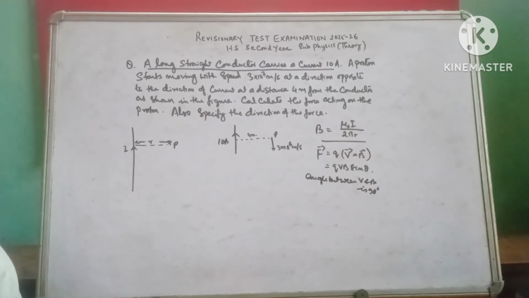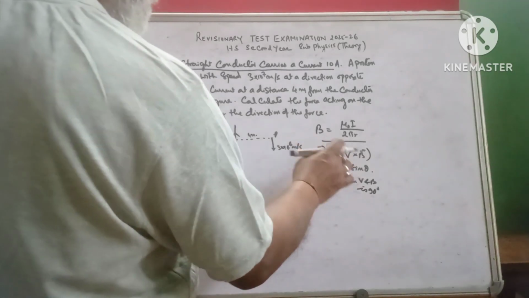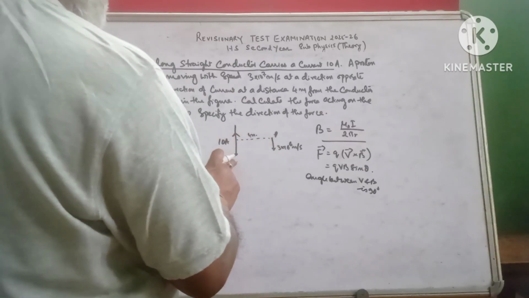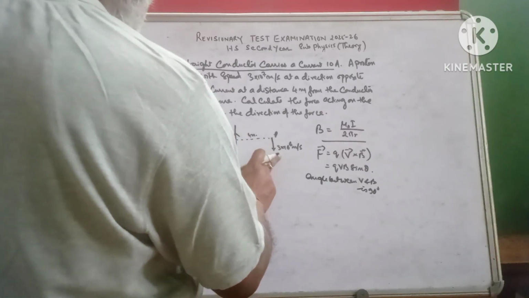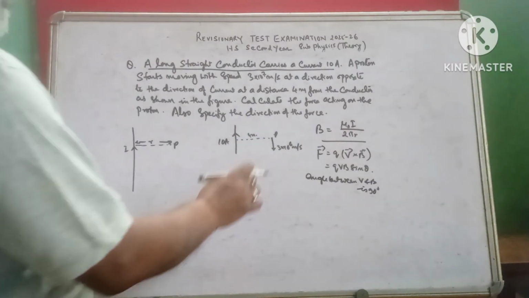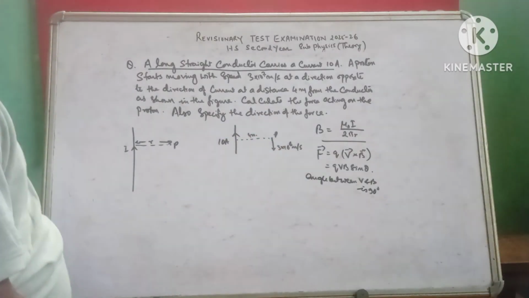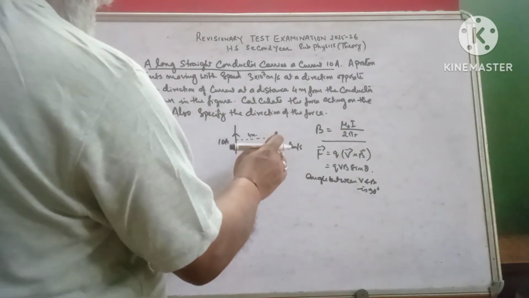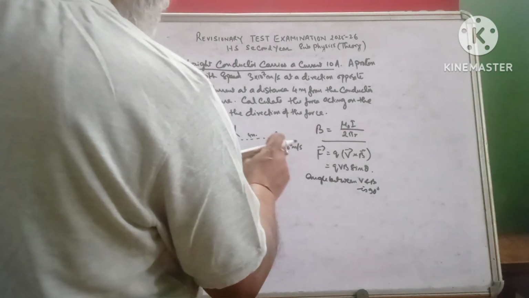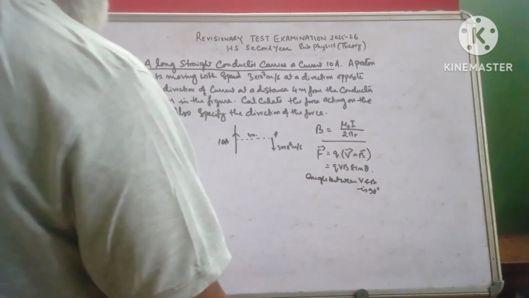So from this figure, this V and the current are anti-parallel. And the angle between V and B will be 90 degrees.